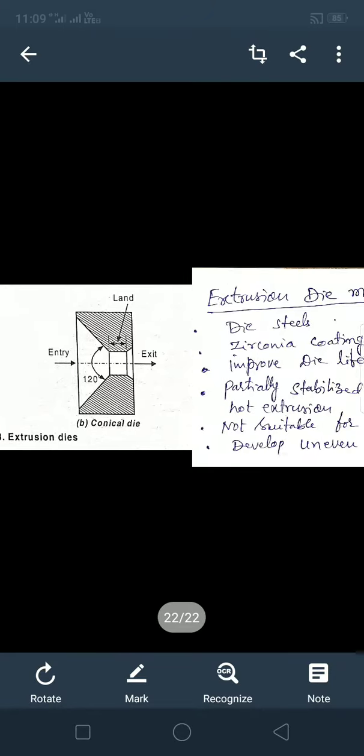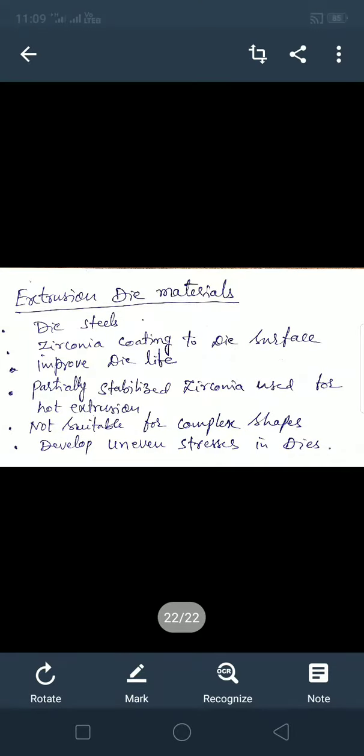Then coming to the extrusion die materials, hot work die steels are widely used for hot extrusion dies. Zirconia coating is applied to the die surface to improve the die life. Partially stabilized zirconia dies are used for hot extrusion of symmetric shapes, tubes and rods. However, such dies are not suitable for extrusion of complex shapes, since they develop uneven stresses in the die.